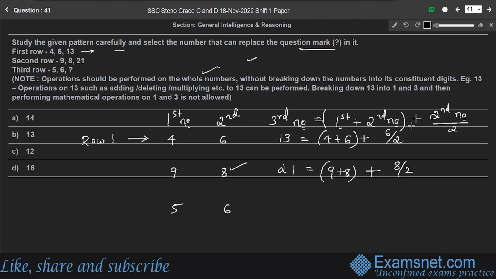The third number is equal to 5 plus 6, the sum of the first two numbers, plus the second number by 2. 5 plus 6 is 11, and 6 by 2 is 3. Therefore, 14 is the third number in the third row. Therefore, option A is the right answer.